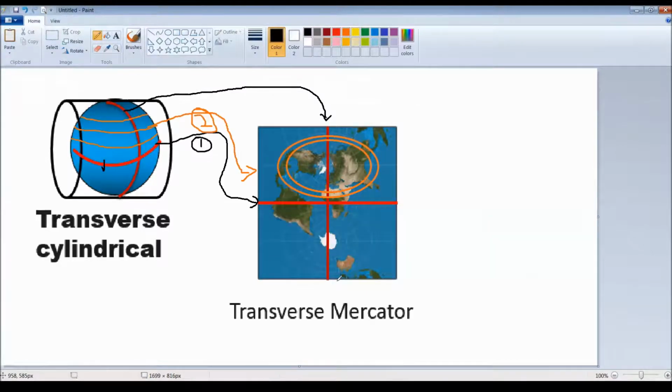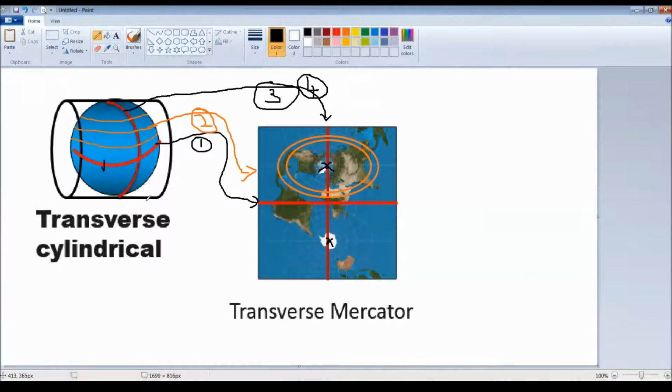And then what? So you see the North Pole, interesting. You see the North Pole here and the South Pole here are projected. Perfect. Let's say that this is 3 here. Both the North Pole and the South Pole are projected.